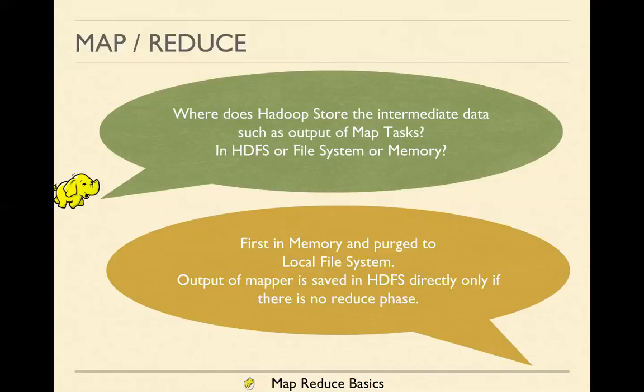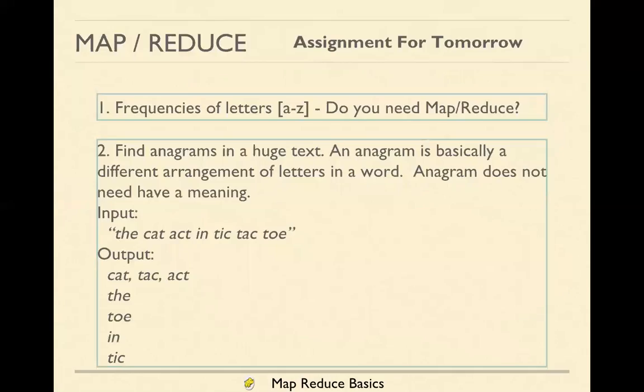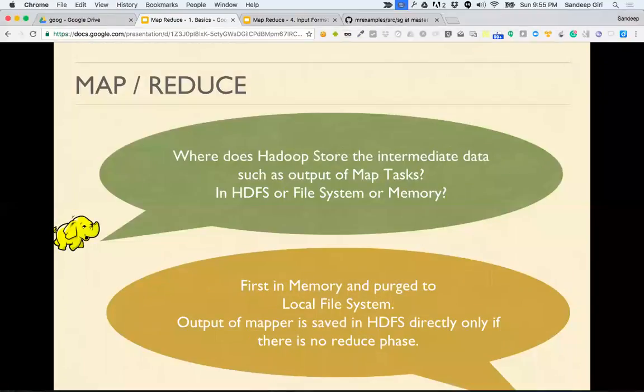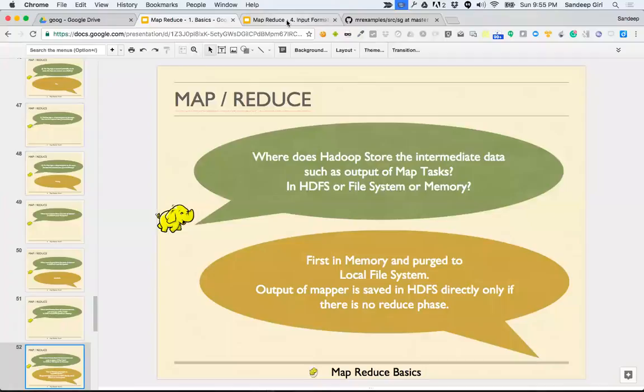How long does it stay in the local file system? For the duration of the job. As soon as the job has finished, it is deleted. As soon as this data is received by the reducer, the work is over. All right, good. So this was our quick recap of what we have learned so far.